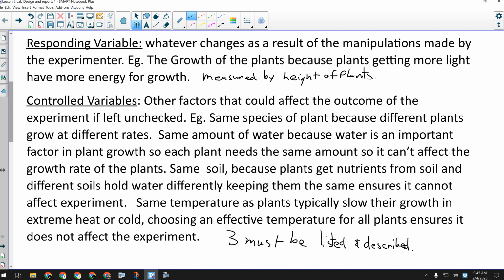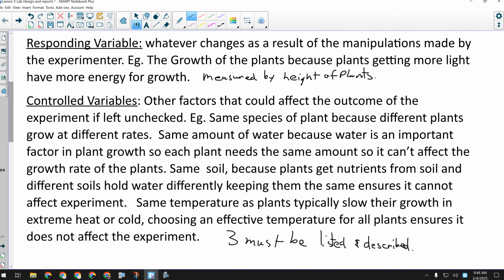You are only required to determine and describe 3. How many manipulated variables can there be? You can only have 1 manipulated variable. If you try to test more than one thing at a time, will you ever know which one had the greater effect? So you can only ever have 1 manipulated variable.